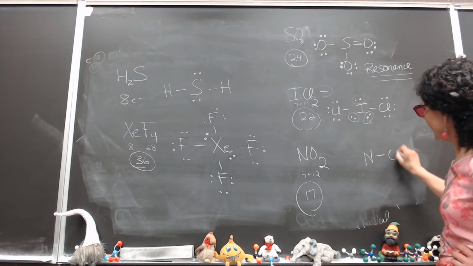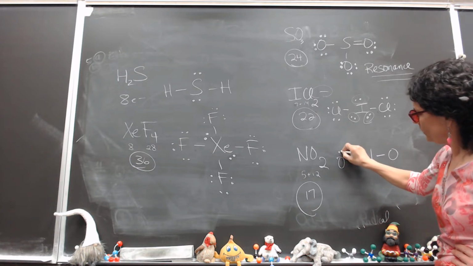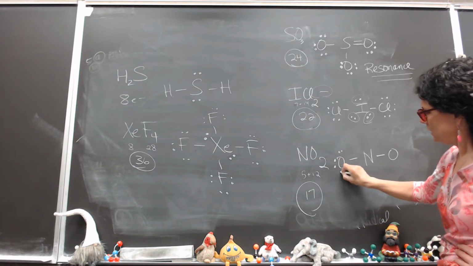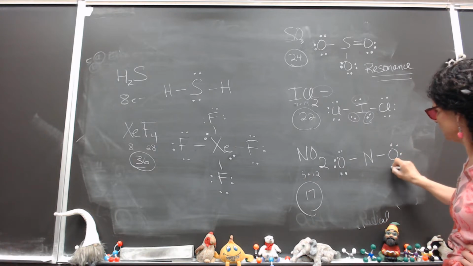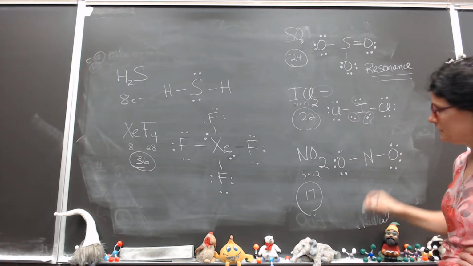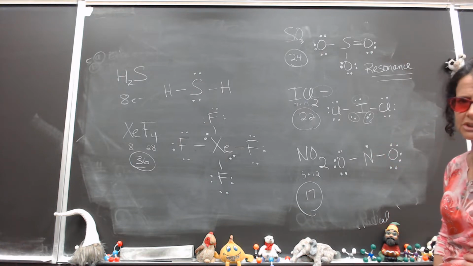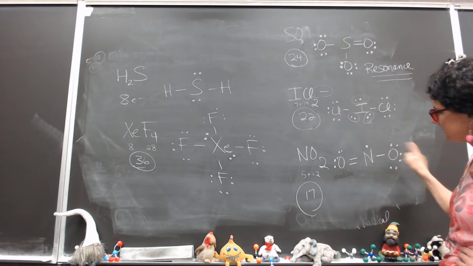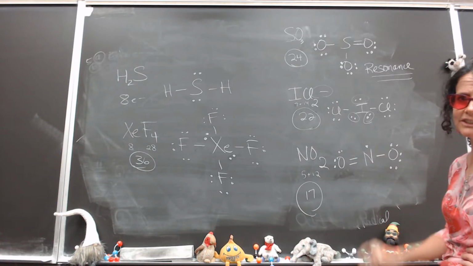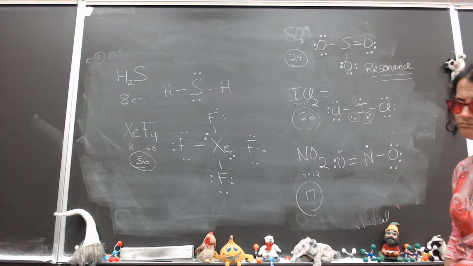All right, and then this one, we'll do this. We get 16, put the extra one on the nitrogen, and then you're going to have to share 2 of them. So the oxygens each have their octet. The center only went to 7.